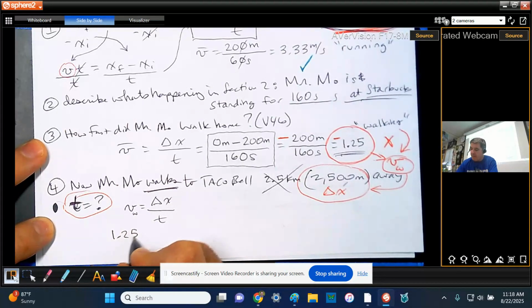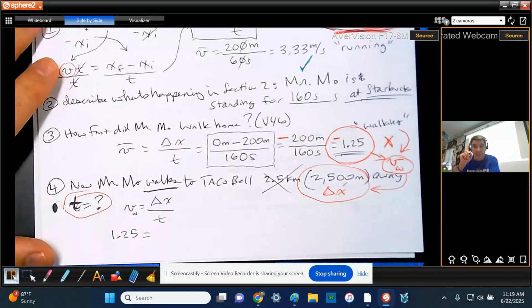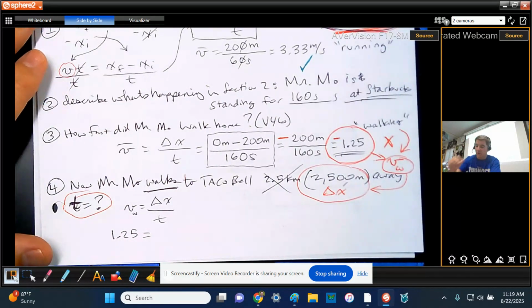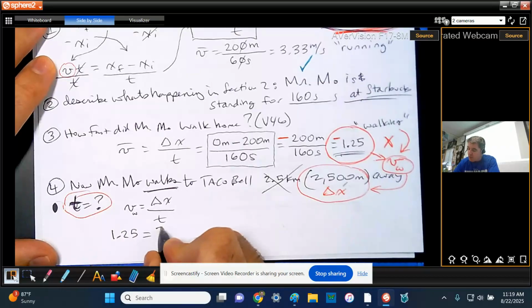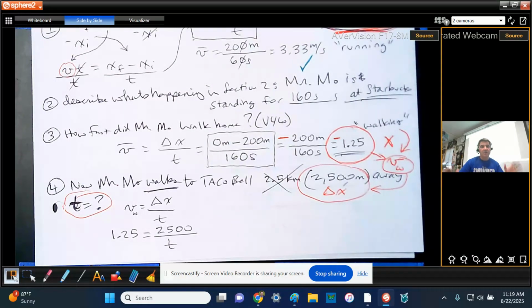Don't put negative because I'm going away from school. Just remember, away from school is positive. That sounds negative, because when you're going towards school, it's negative. I don't know. I never thought that before. Anyway, so we're using positive. We're going away from school, and our distance is 2,500 meters. And our time is what we want to find. Boom. Solve for time. Cross multiply. You'll be done. Now, what if you want to rearrange the equation?